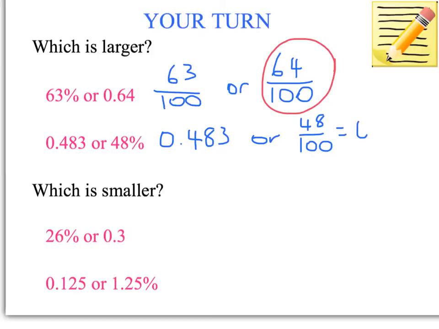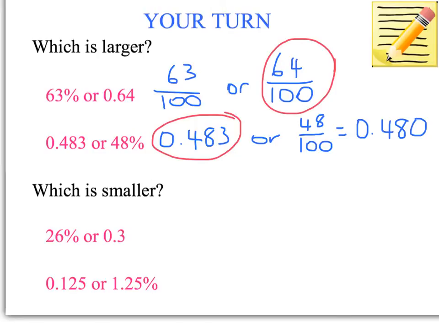And that is 0.48 as a decimal. So we've got 0.48 and 0.483. So this is really 0.480. Very close, but this one is slightly bigger.